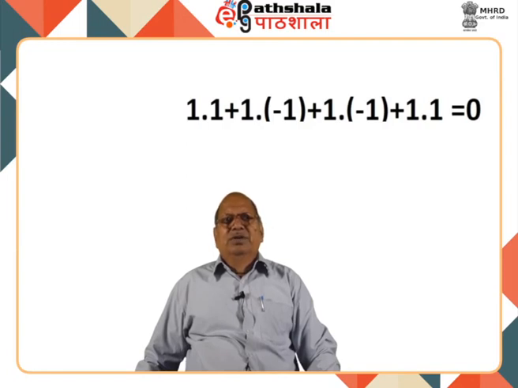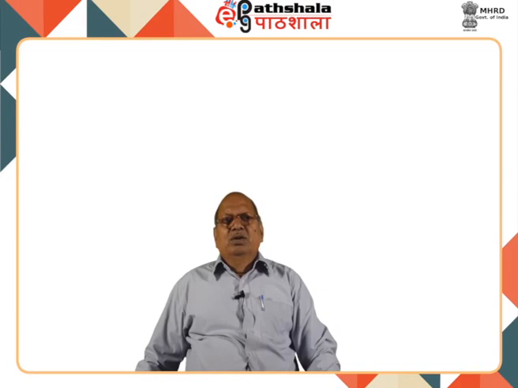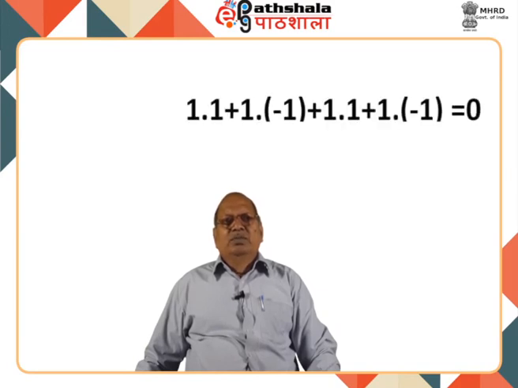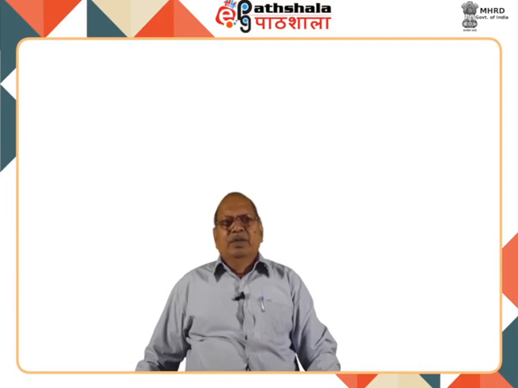So tau1 and tau3 are also orthogonal. Orthogonality of tau1 and tau4: 1 into 1 plus 1 into minus 1 plus 1 into 1 plus 1 into minus 1 is 0. It means tau1 and tau4 are orthogonal to each other.